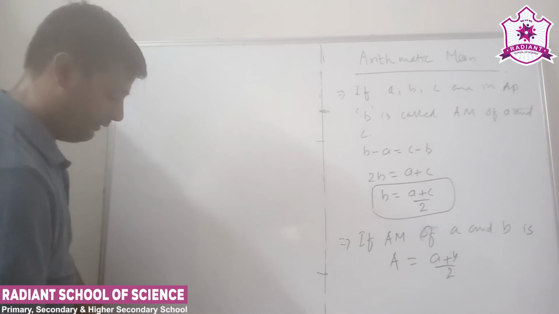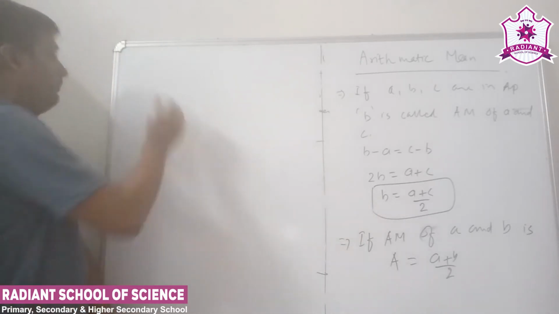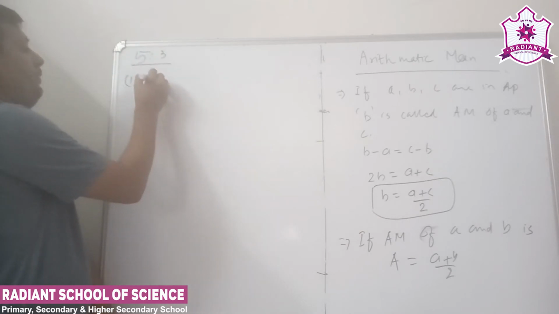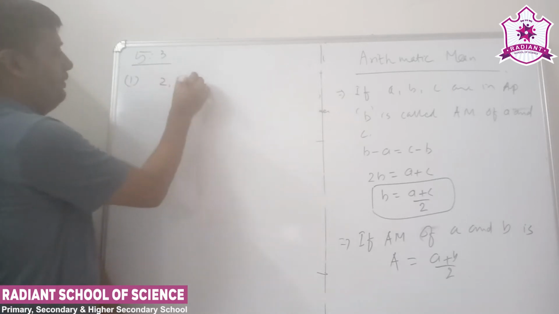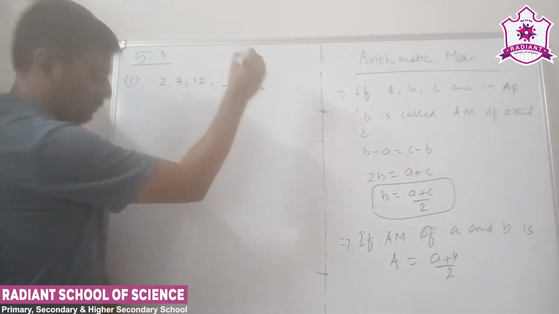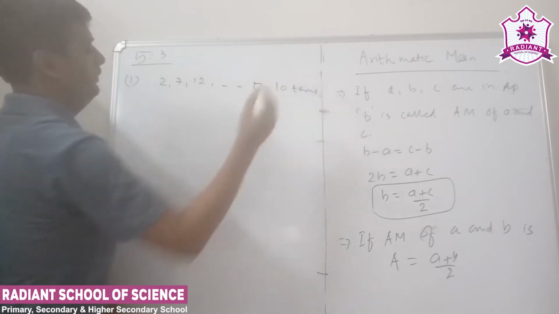So first of all, find the sum of, question 1. So 2, 7, 12, up to 10 terms, right.